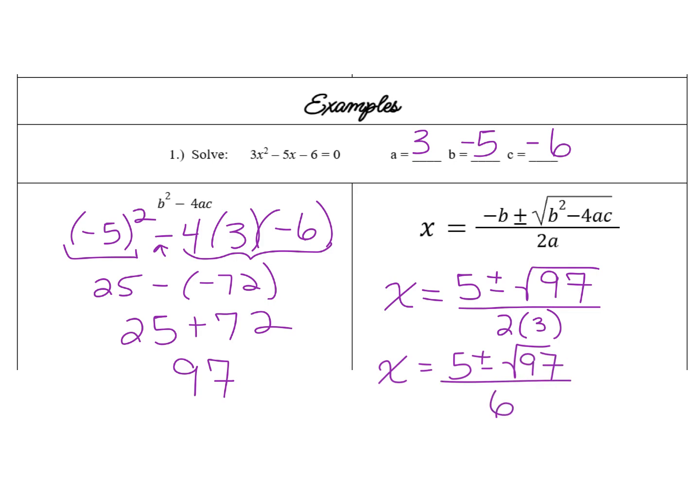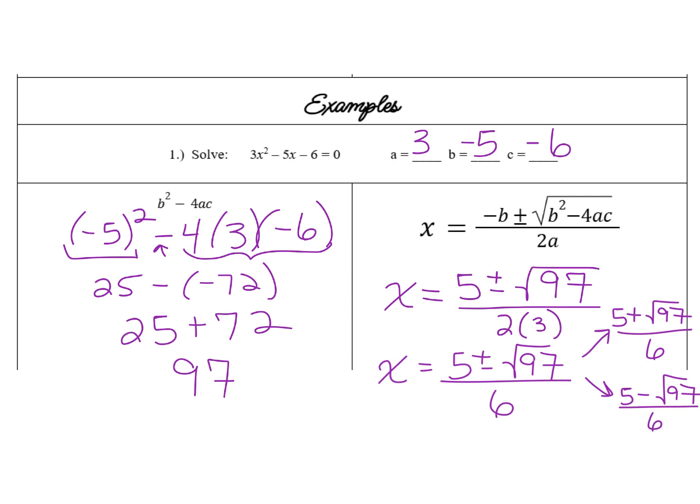And so what the plus or minus means is that we have an addition problem and a subtraction problem in one. So we would separate it. And the exact answer would be 5 plus the square root of 97 over 6. And then 5 minus the square root of 97 over 6.